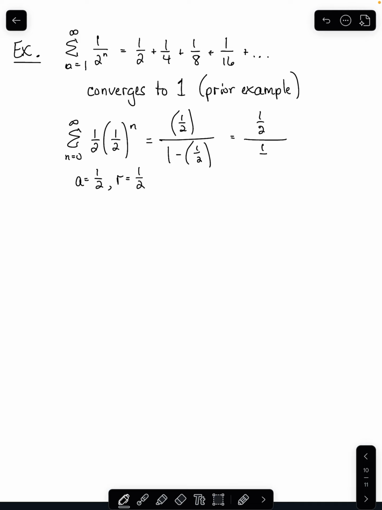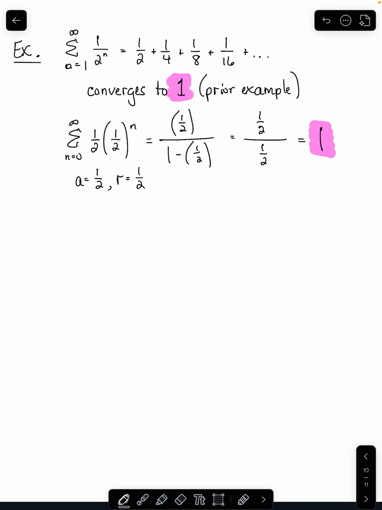Of course, in the denominator, 1 minus 1/2 is 1/2, and 1/2 over itself is equal to 1. So in the prior example, by defining a formula for the nth partial sum, and now using the geometric formula, we get the same results.